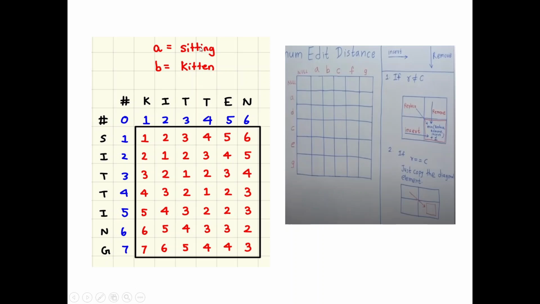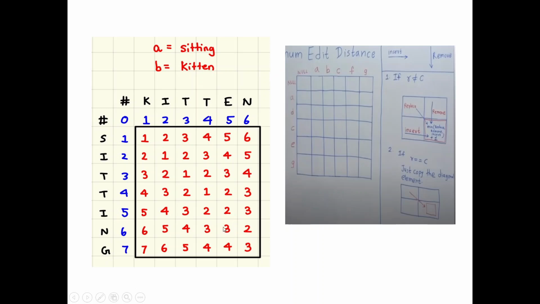When we apply backtracking, we can also check whether our answer is correct or not. How do we get three operations? Now I am checking G with N. Not equal, so here I need an operation. One operation I use here. Again I check the arrow marks, and again I need an operation. I can replace.